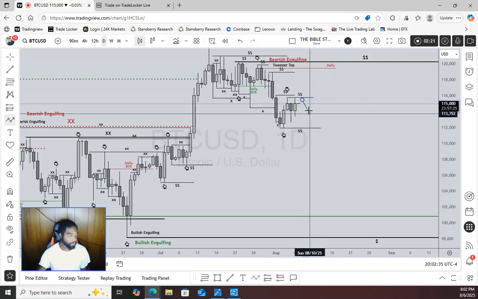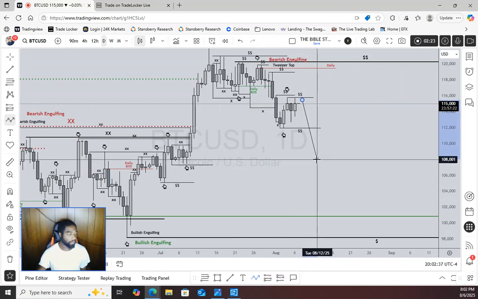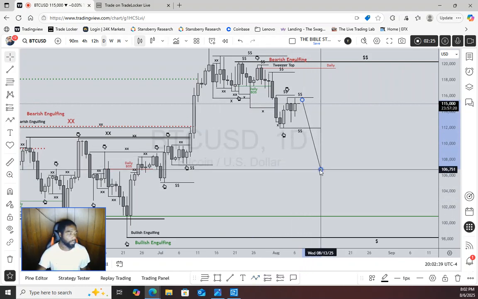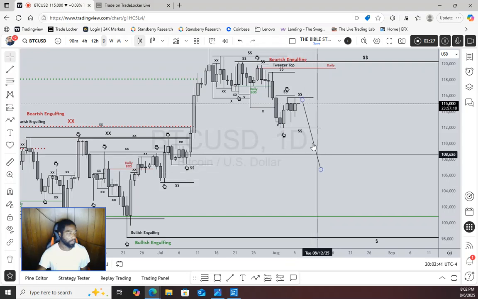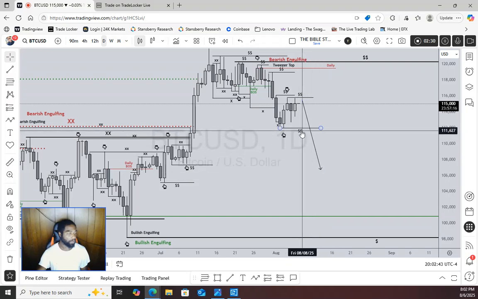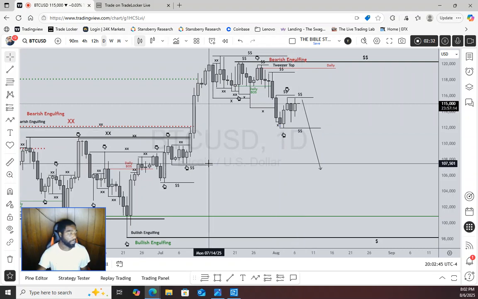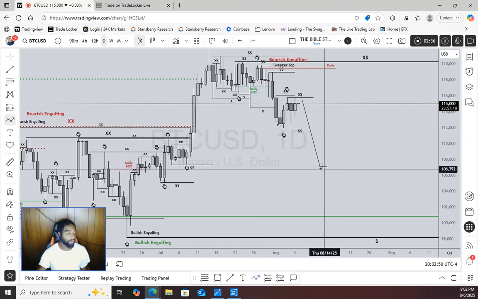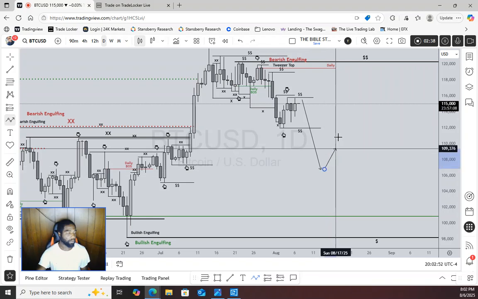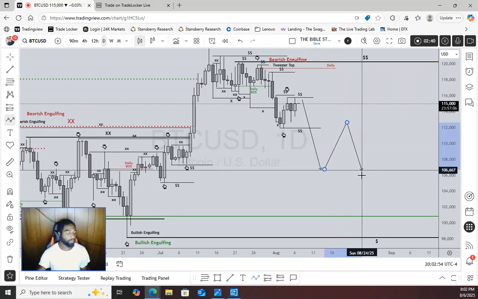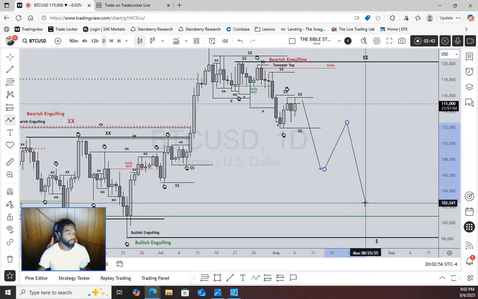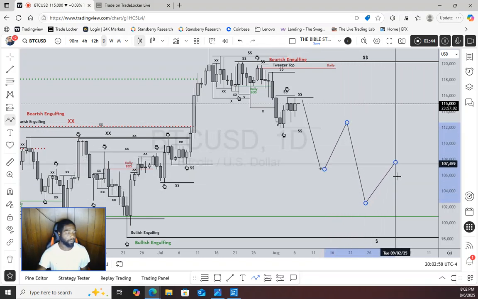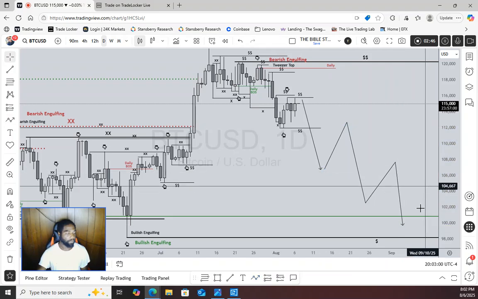Now, we can anticipate price to come down and attack these lows, target one, or take profit one, if you will, and then take profit two, and then we just analyze what price does, if price is flushing down, or what we get, retracement, and then another continuation, whatever the case may be.